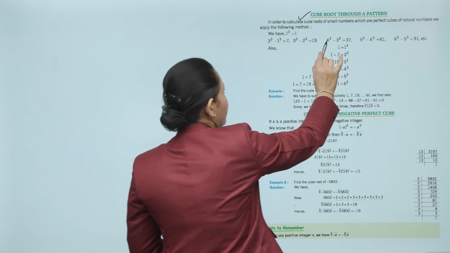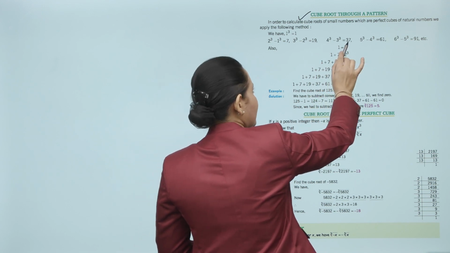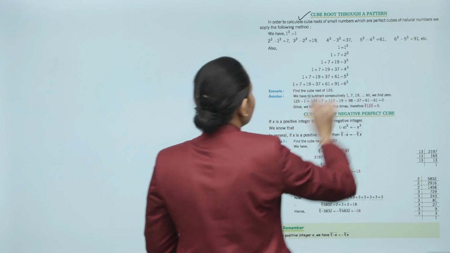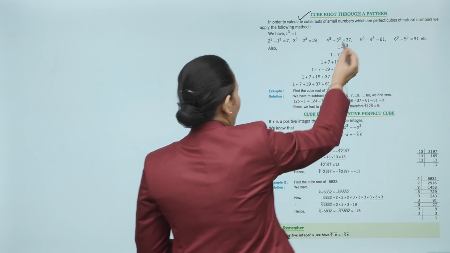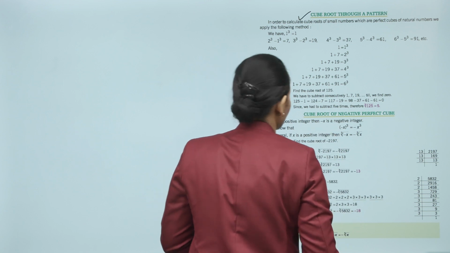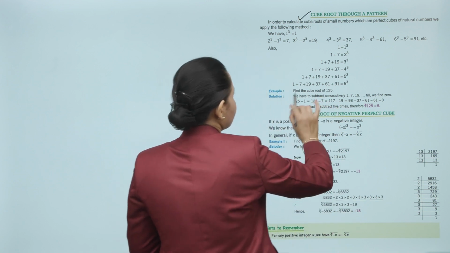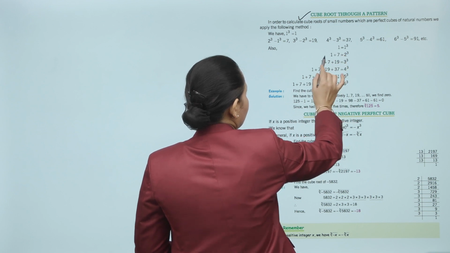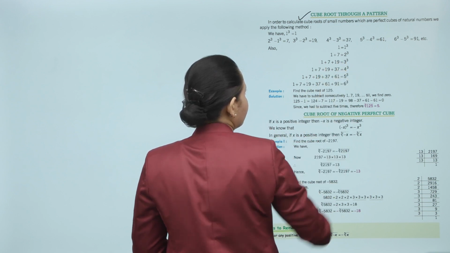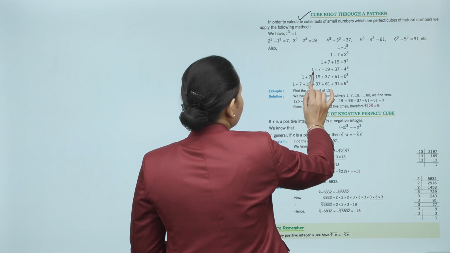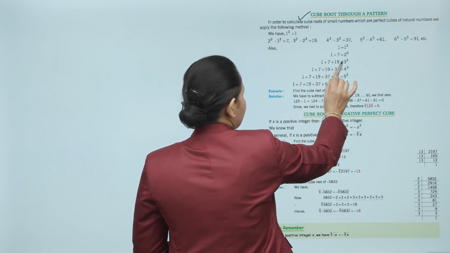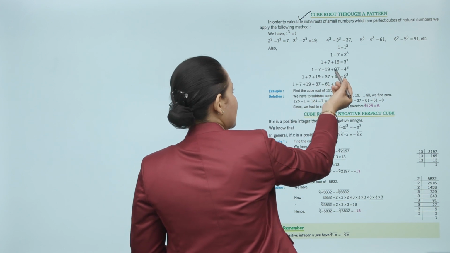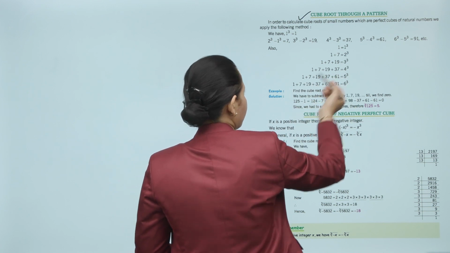Then 4 to the power 3 में से 3 to the power 3 सब्ट्रैक्ट करेंगे 37. इस तरीके से करेंगे तो ये क्या आ जाएगा 91. और we can write it like this also. सो एंड में क्या आ जाएगा 1 equals to 1 to the power 3. 1 plus 7 equals 2 to the power 3. And 1 plus 7 plus 19 equals 3 to the power 3. 1 plus 7 plus 19 plus 37 is 4 to the power 3.